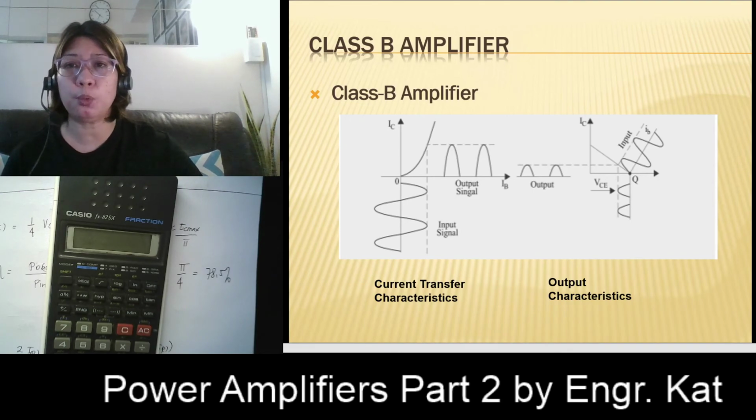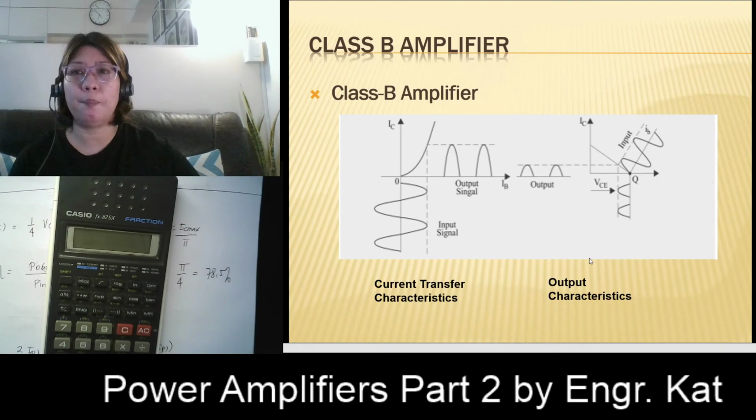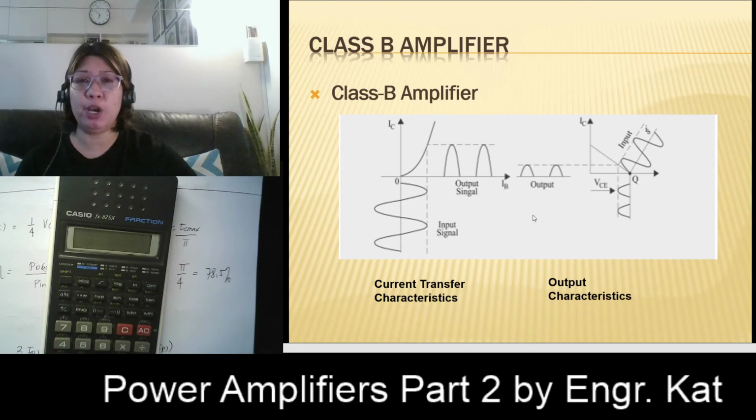Okay, so to start with, for us to say that it is a Class B amplifier, we design the circuit in such a way that its Q point lies directly across the cut-off region.